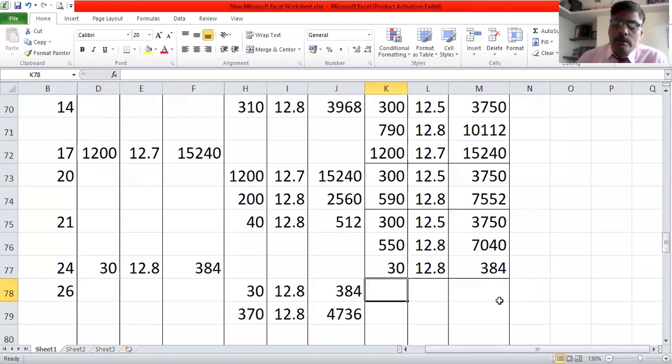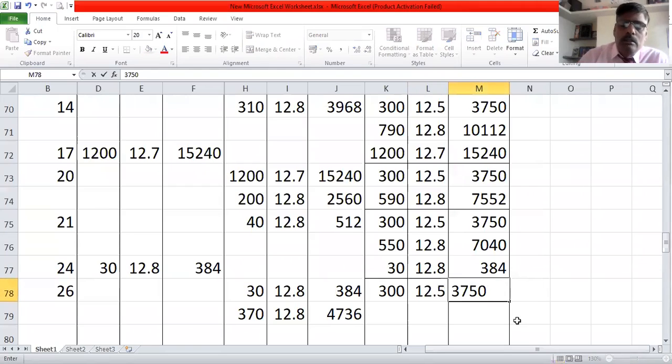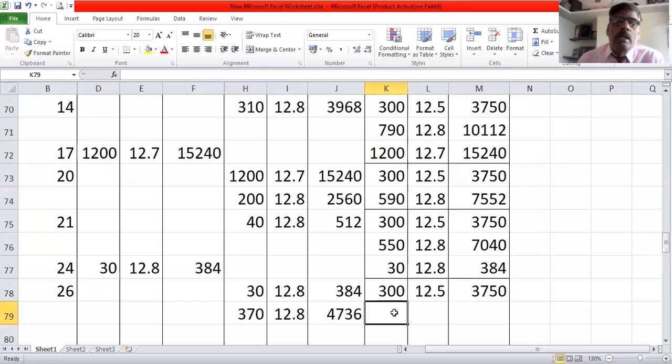Now you write the balance. 300 at the rate of 12.5. Then next is amount is 3,750. Second lot balance. Out of 550, 370 issued. Remaining balance is 180, I think. It is 180 or not? You check.